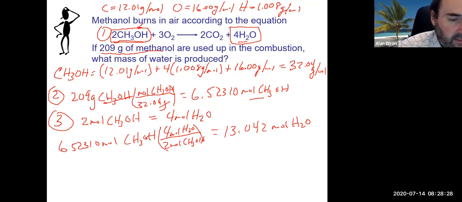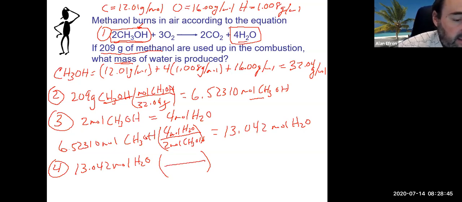We're close to what we want, but we want the mass. So usually the mass is something like grams. So we do want to do step number 4, where we're going to take our moles and convert it into grams, which means we need to go back to the periodic table and get the molar mass, in this case of water, because we've converted to water.